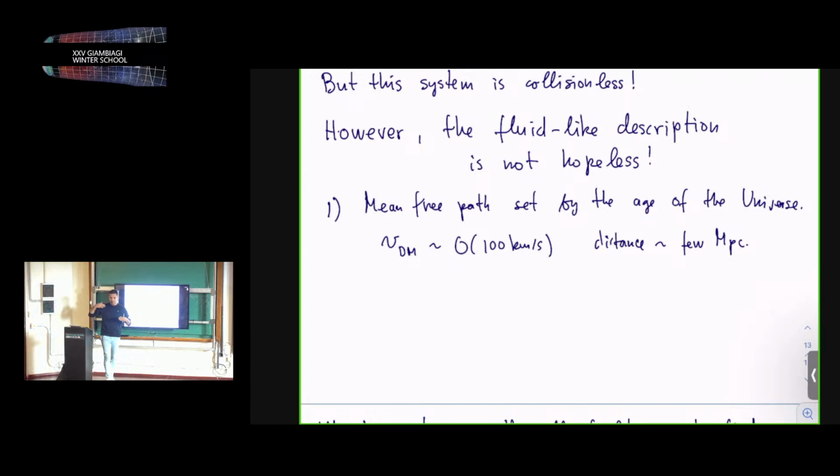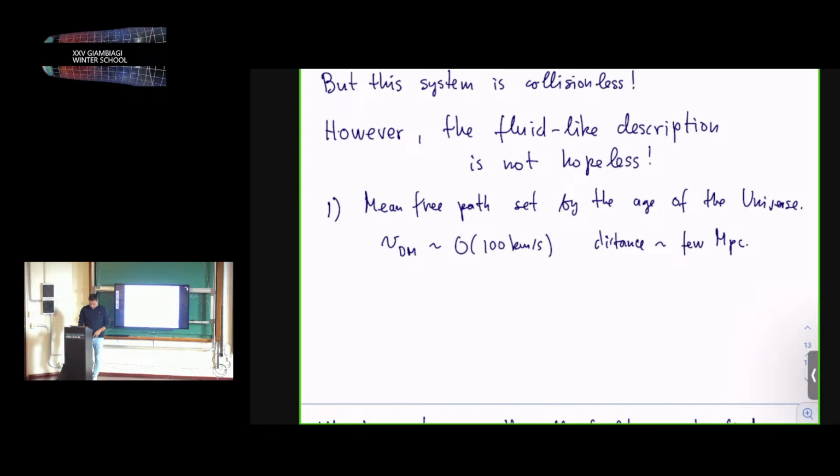Unlike neutrinos, which are moving very fast, almost with the speed of light, and can free stream, and cannot be treated as a fluid, dark matter particles are very slow. They start with a zero initial velocity, and all their velocity is gained due to gravitational interactions and nonlinearities, and so therefore they're moving slowly, and they're not moving far away. So this gives you, in some sense, some effective notion of the mean free path. And on scales larger than these few megaparsecs, basically the dark matter particles are moving coherently. And so this is why the fluid description eventually will be possible.